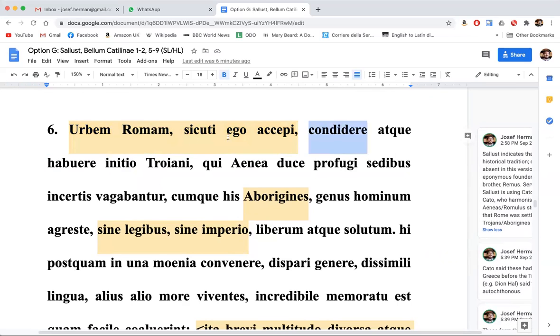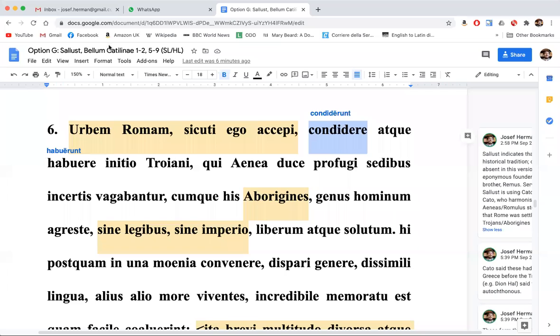And these verbs, by the way, condidere and habuere, these are not actually infinitives. These are shortened versions. They're technically called syncopated forms of the perfect tense, third person plural. So in more normal Latin prose, you'd have condiderunt. And then similarly here, habuerunt.